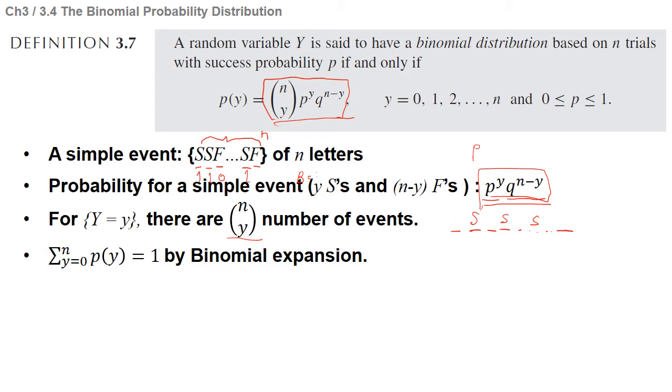Thus, summing p of y from y equals 0 to n gives 1 by the binomial expansion.